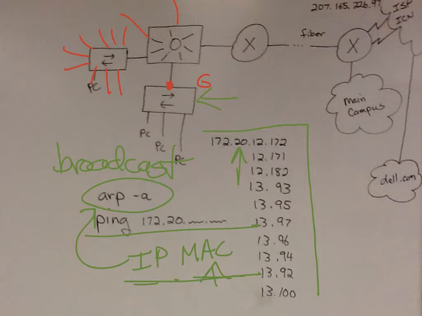Originally that was the network 172.31.0.0. Talk more about that later. And when we switch over to the 20 network, there weren't as many, because there weren't as many other computers on that network.